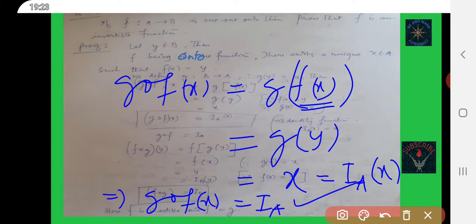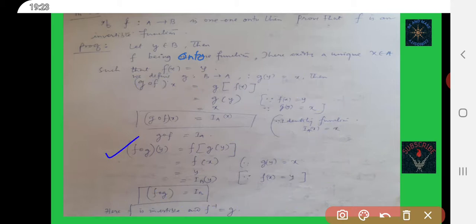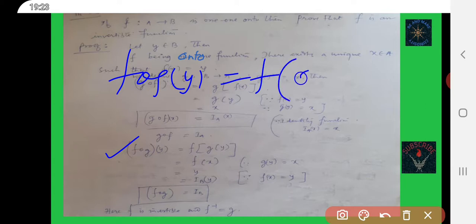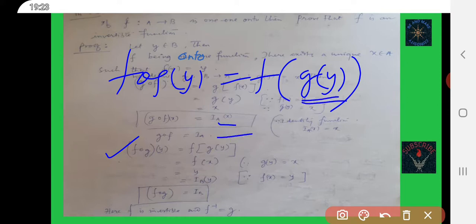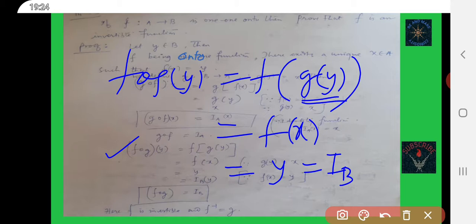First condition satisfied. Now we go for the second condition, f∘g of y. You may write f of g of y, and you know g of y is x and f of x is y, and this can be written as I_B of y.